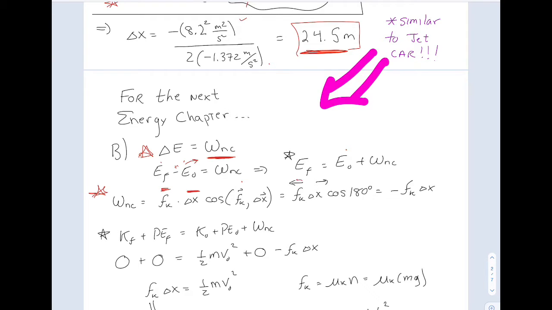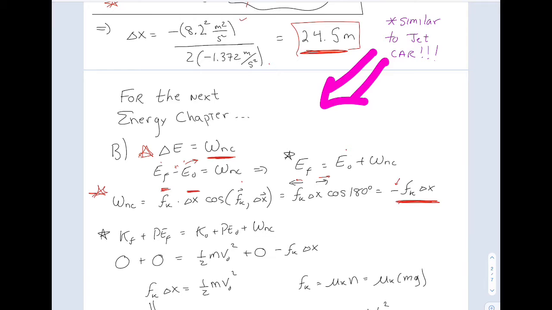Friction points backwards, the skater's moving to the right, and the angle between those two forces is 180 degrees, and cosine 180 is minus 1. So the work done by the non-conservative kinetic friction force is minus F sub k times delta x.